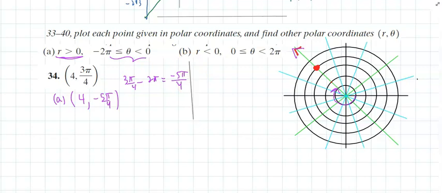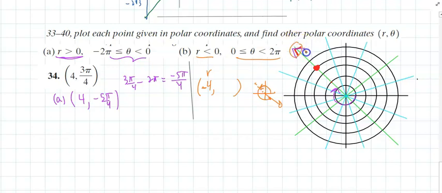And if I proceed and look at this case, they want r to be negative. They want me to have a negative 4 for r and theta to be positive. If theta is positive, if I'm rotating in positive rotation, and I want to be somewhere in quadrant 2, if r is negative, shouldn't I be pointing in the opposite direction of quadrant 2? Since r is negative, I move in the opposite direction.